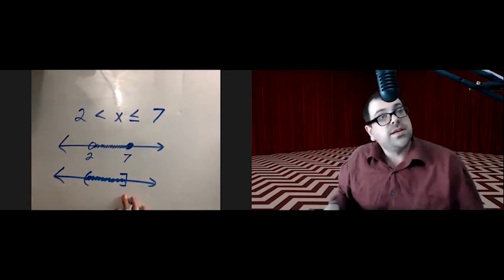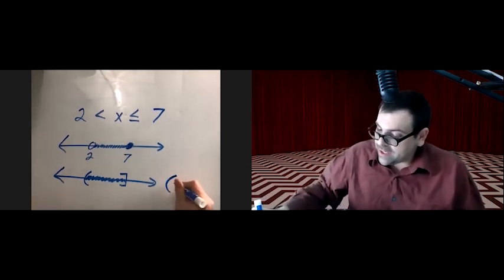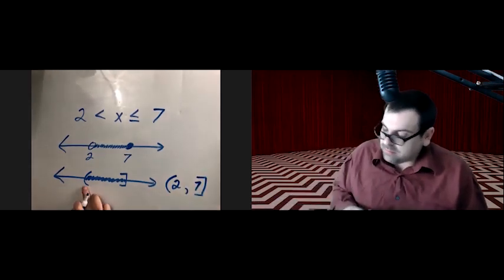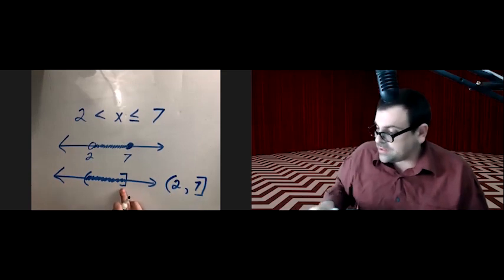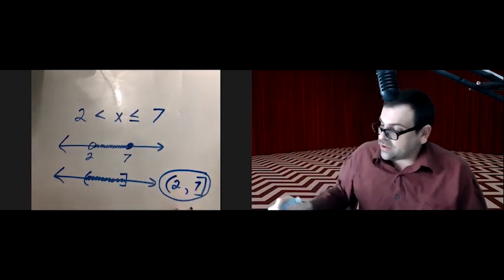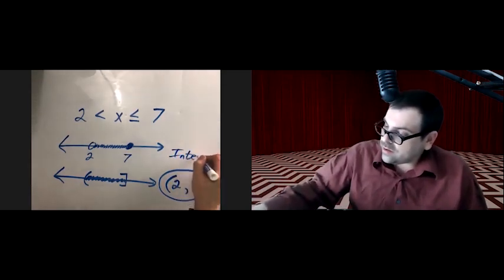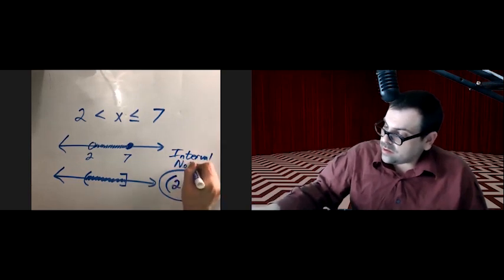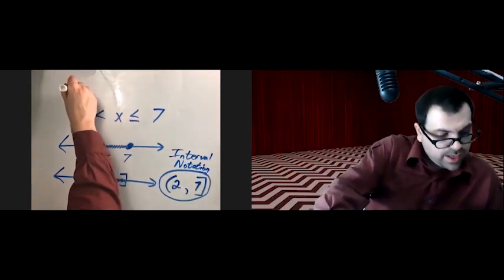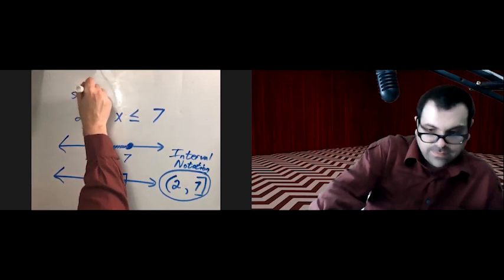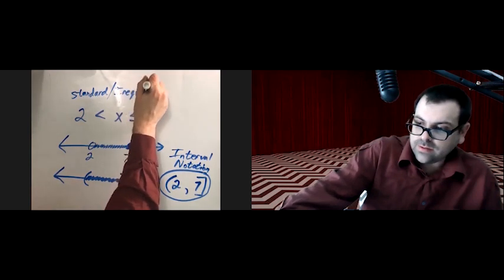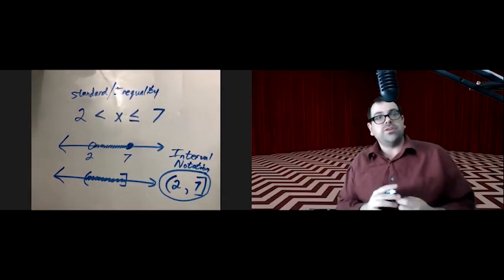This shows us directly that we have an answer, the interval from 2 to 7 with a parenthesis on the left and a square bracket on the right. This is the answer in interval notation. And this is standard or inequality notation.